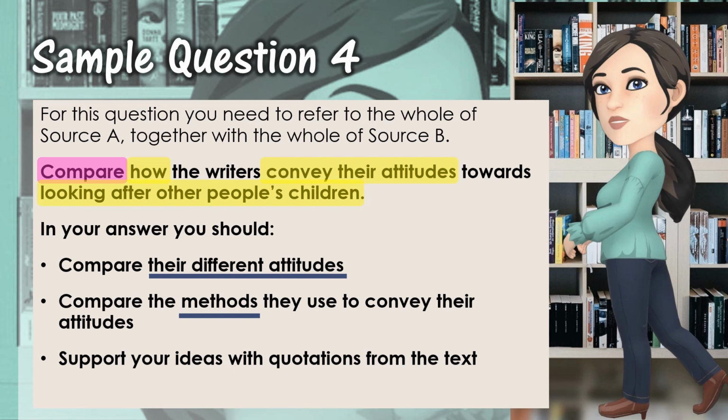The word attitude just means thoughts and feelings, opinions of the writer, and make sure you're focused on the writer. It's not about what you think, it's about what the writers think and how they have shown this through their use of language and structural devices.